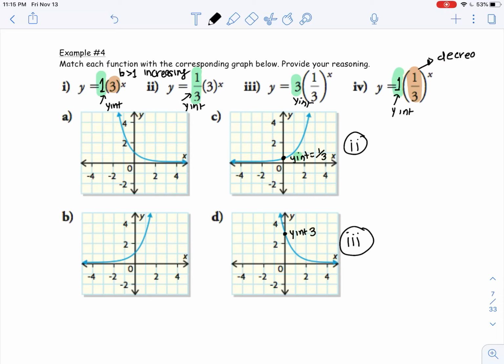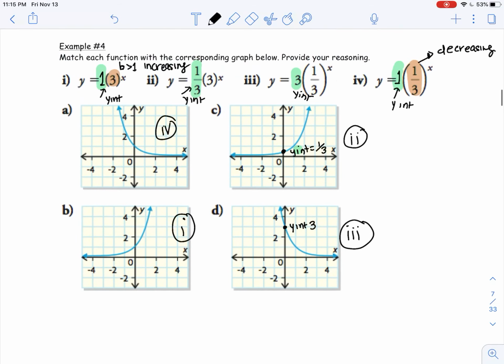So we just have to look at the remaining ones and figure out which one's increasing and which one is decreasing. This one looks to be the increasing one, so this has to be equation number 1. And this one is the decreasing one, which is equation number 4. And that's our matching.